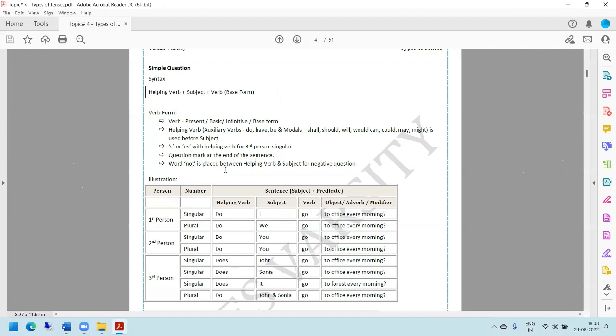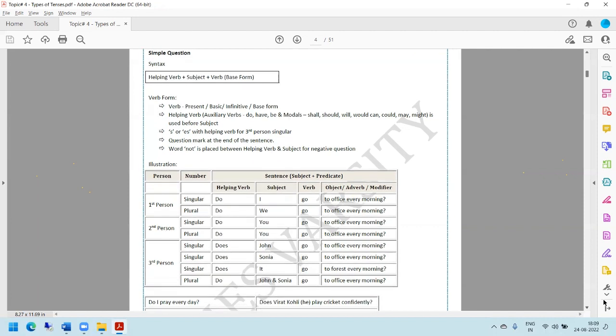The word not is placed between the helping verb and subject for a negative question. If it is a positive or general question, not is not used. If it is a negative question, then only not is used.